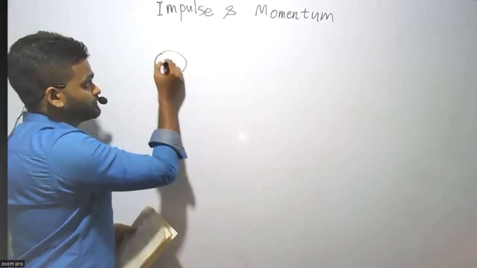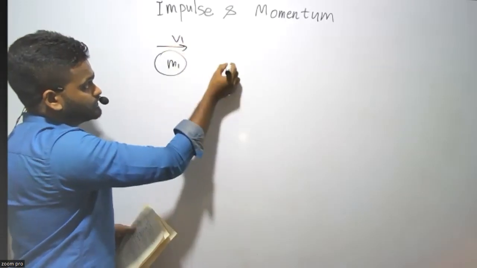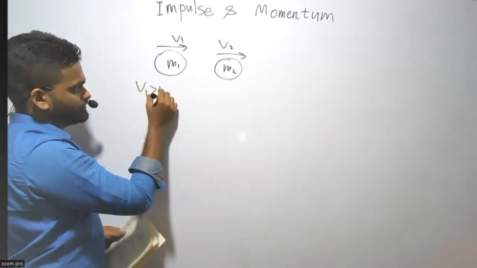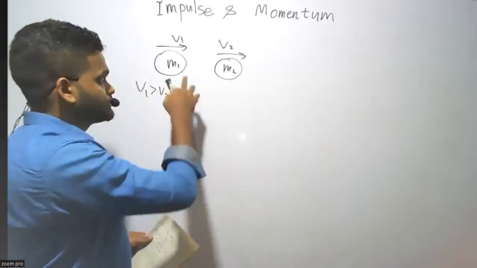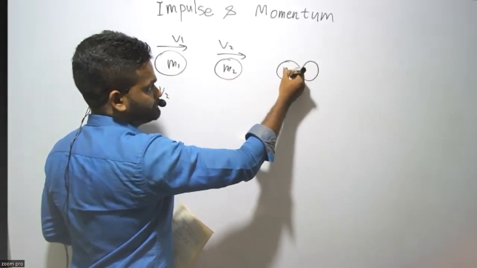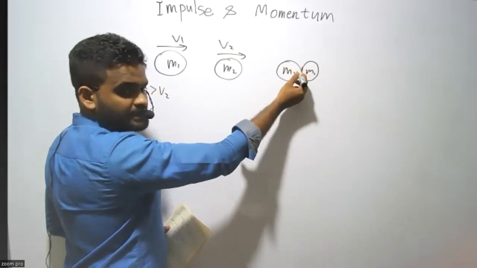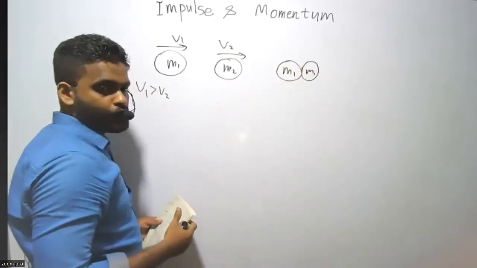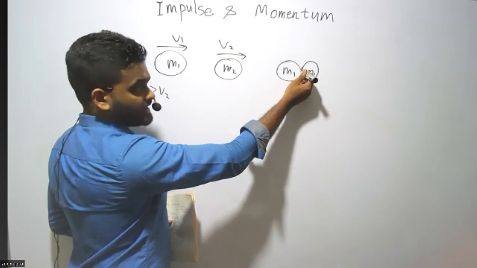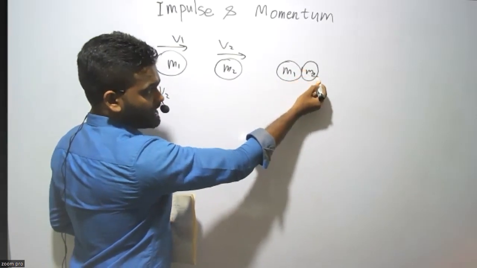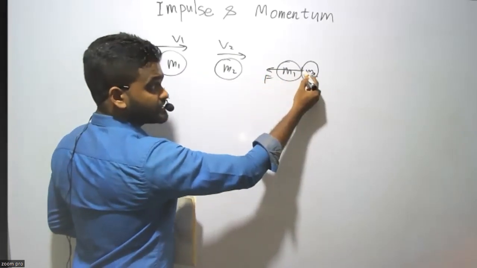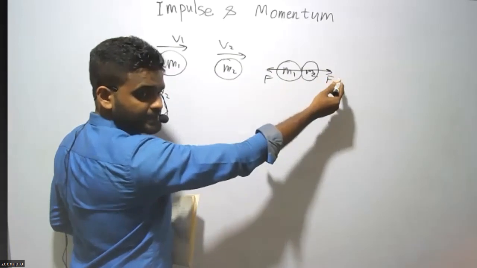So let's say mass m1 has a velocity v1 and mass m2 has a velocity v2. v1 velocity is higher, right? So it collides here. At this moment it collides. So what happens when colliding? Action force: m2 makes a force F to this side, and the reaction force also is opposite and equal, right?